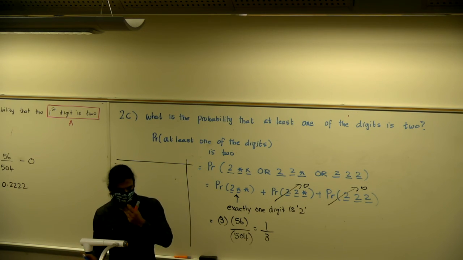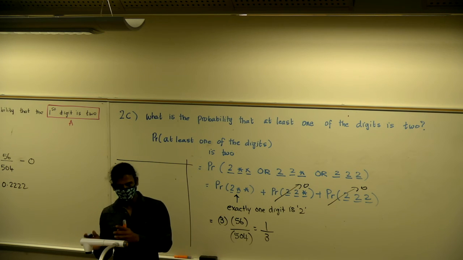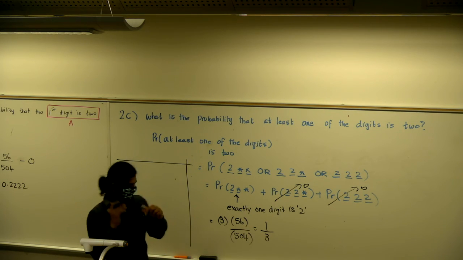If A is an event, then A complement is its complement. What is the complement of at least 1? None, right?